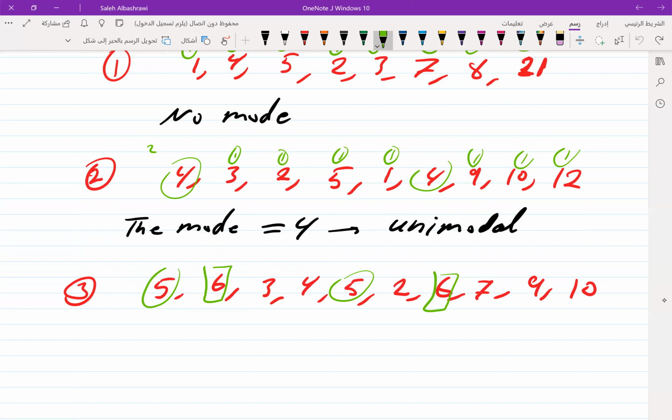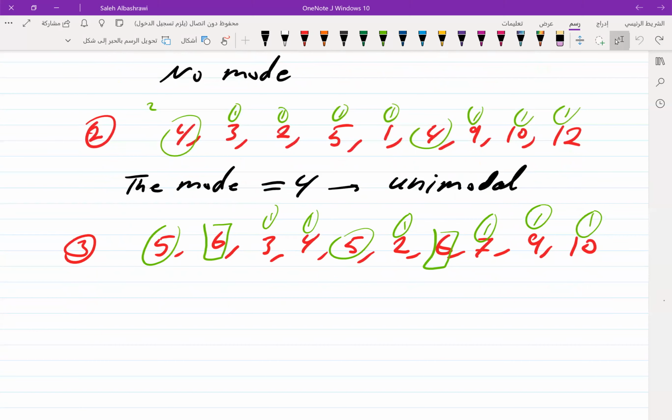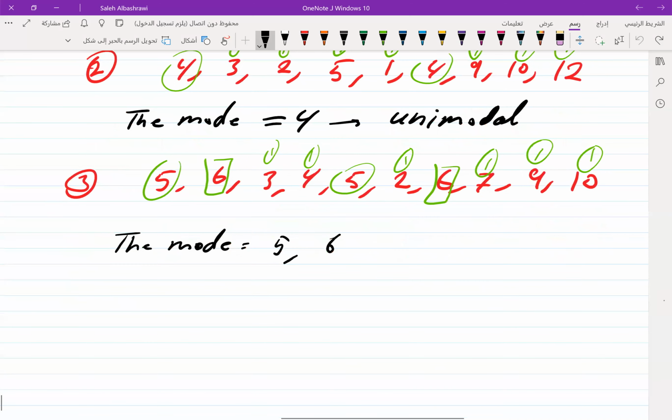The other 3 is one time. 4 is one time. 2 is one time. 7 is one time. And 9 is only one time. So I have 2 values that are repeated 2 times, with equal frequency. So in this case, the mode will be 5 and 6. And since we have 2 values repeated the same number of times, we call this bimodal.